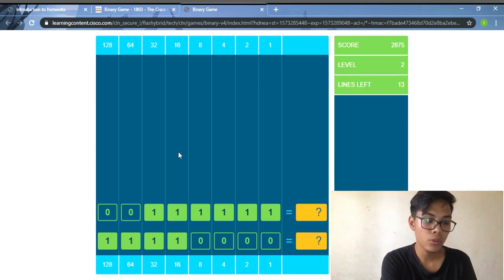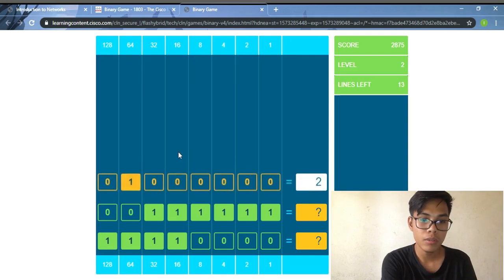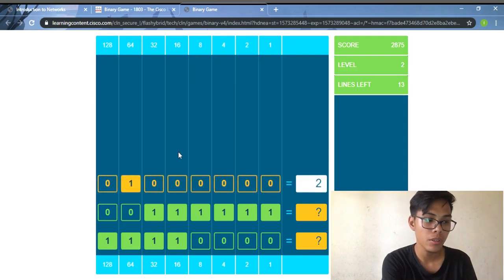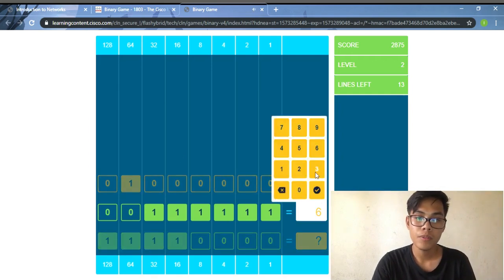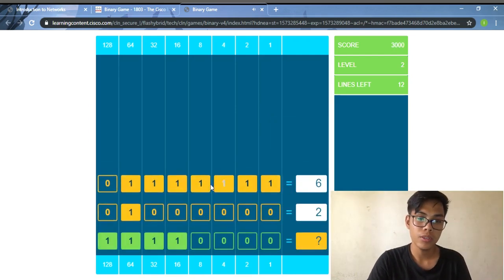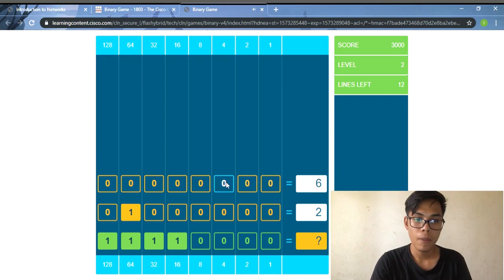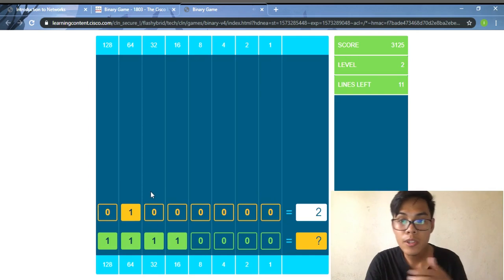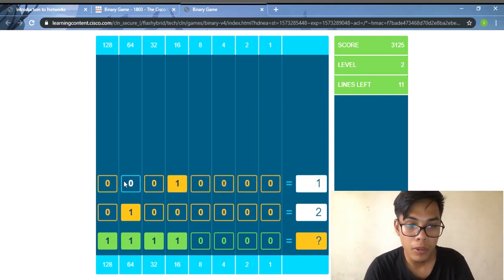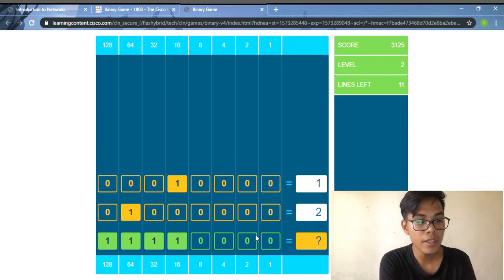So 32 plus 16 plus 8 plus 4 plus 2 plus 1 is 63. This is 6. And this is a very fun game to play for us to learn binaries easily.